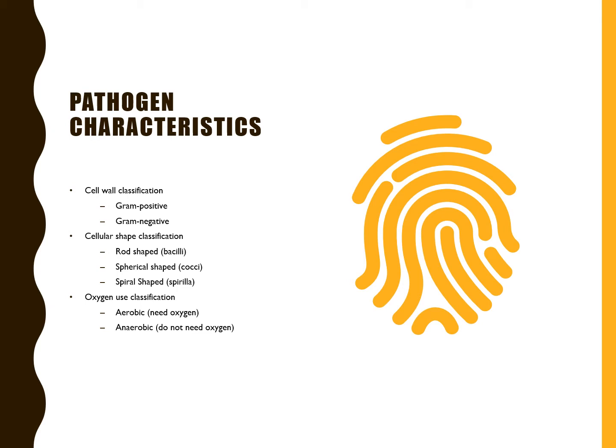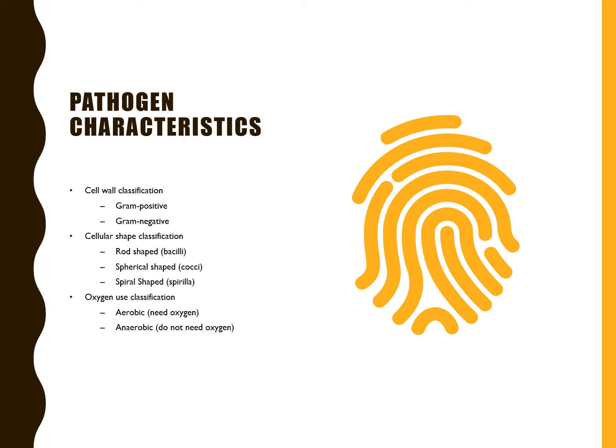And so if we knew that, would we use gentamicin for a bacteria that was anaerobic? Well, no, it wouldn't be effective at all, right? If we're trying to stop the process of the pathogen using oxygen to replicate, then it would do no good if we tried to use it for bacteria that didn't use that process.